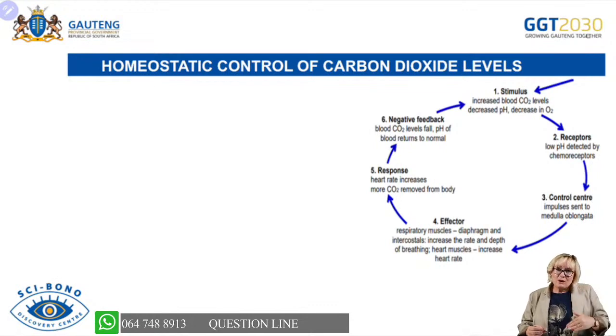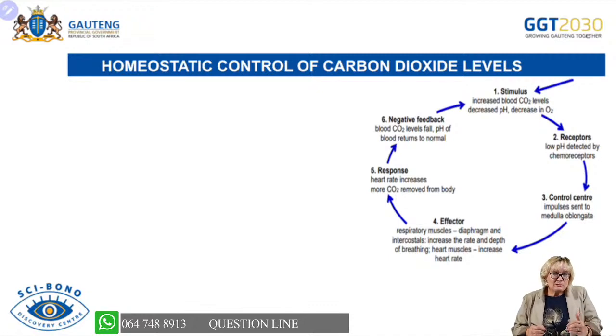If you have low carbon dioxide levels, it means that you will have high oxygen levels. And if you have high oxygen levels, that's brilliant, because oxygen is what you need for respiration, and for your cells to really work. So it's not bad for the body if we have high oxygen levels and low carbon dioxide levels.